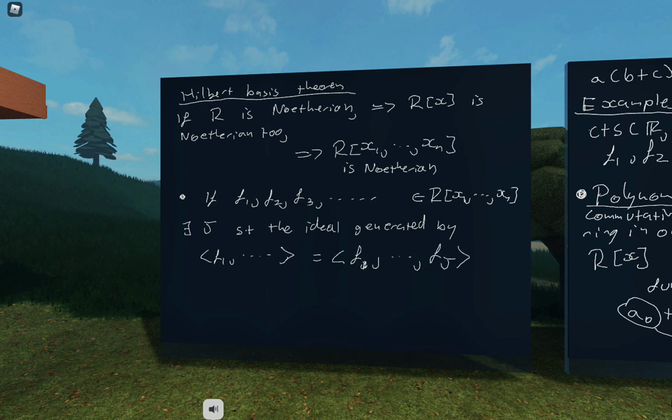And in particular, that means that for all m greater than this J, you can find polynomials, which I'll write A_{J,m}, I should use m to not conflict with the other n, so that f_m, any polynomial after capital J, can be written in terms of f_1 to f_J, in this form.